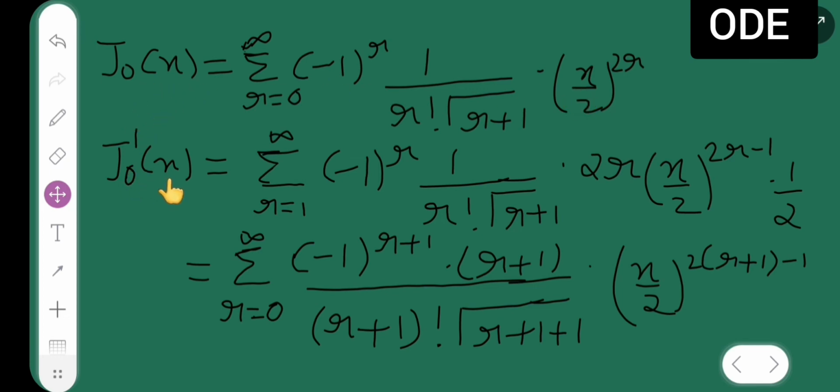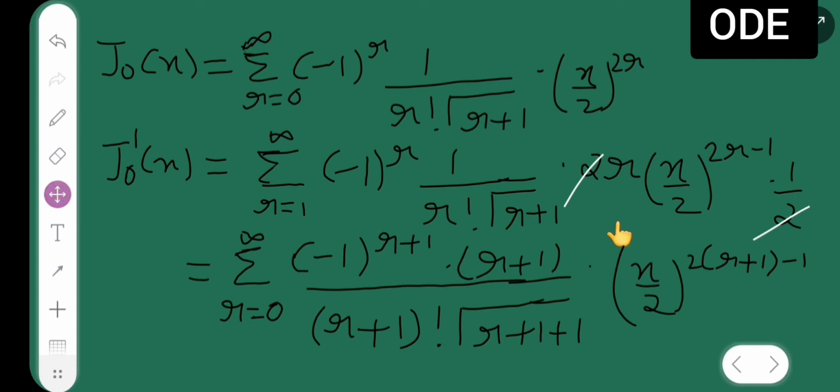So J0 dash of x is equal to the summation of r equals 1 to infinity of (-1)^r, write as it is, 1 upon r factorial gamma of r plus 1, into, for this we apply the chain rule, 2r into (x/2) raised to the power 2r minus 1, into 1 upon 2. Now here my 2 will get cancelled.